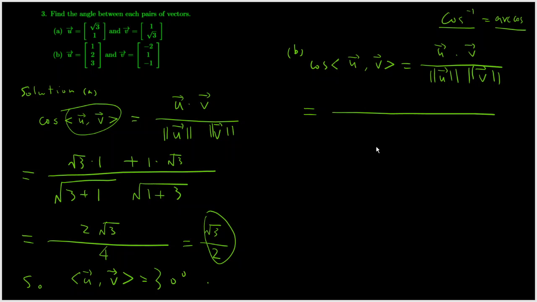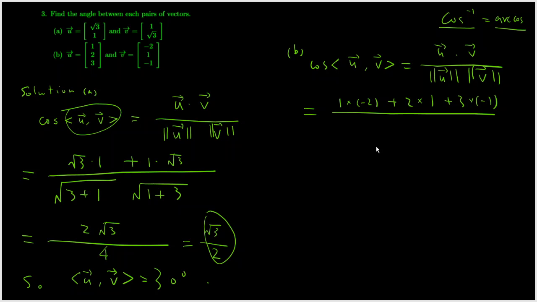On the numerator, you have the dot product of the two vectors. I think you have, so now let's say 1 times -2, and then plus 2 times 1, right, and then plus 3 times -1. You multiply the corresponding components, and then you add the products.